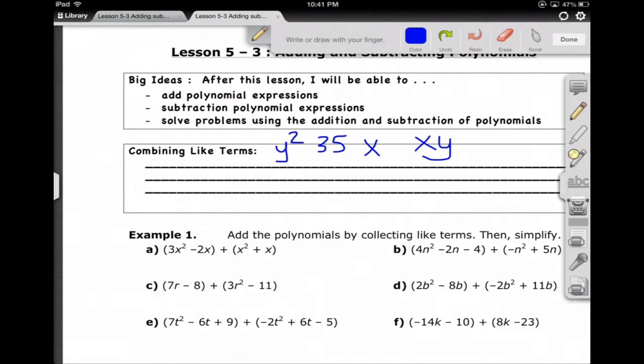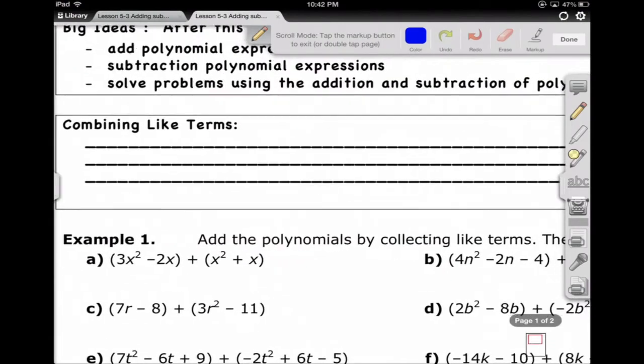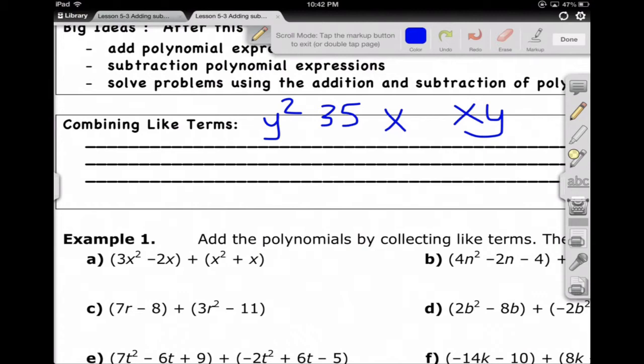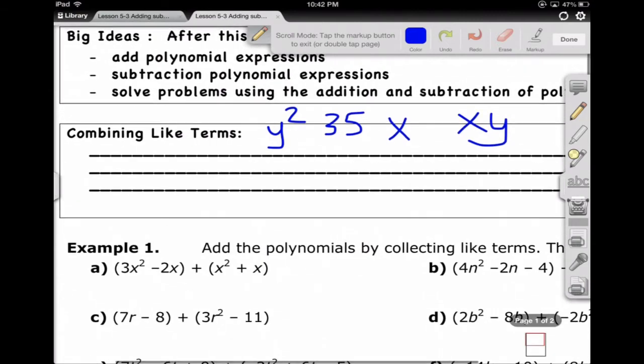So like terms are values. So let's do a little bit of writing here. I need a little more space. Say combining like terms is a process.